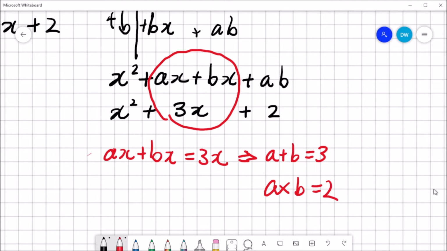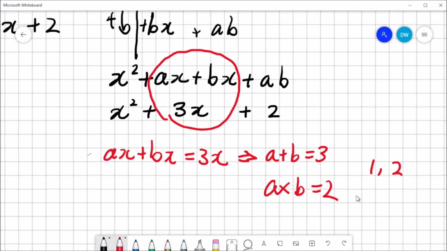Okay, now we need to find a and b, two numbers that satisfy these two conditions. Which two numbers, when you add them, you get 3, and when you multiply them, you get 2? Of course, there is only one such combination, which is 1 and 2, isn't it? Because 1 plus 2 gives you 3, 1 times 2 gives you 2.